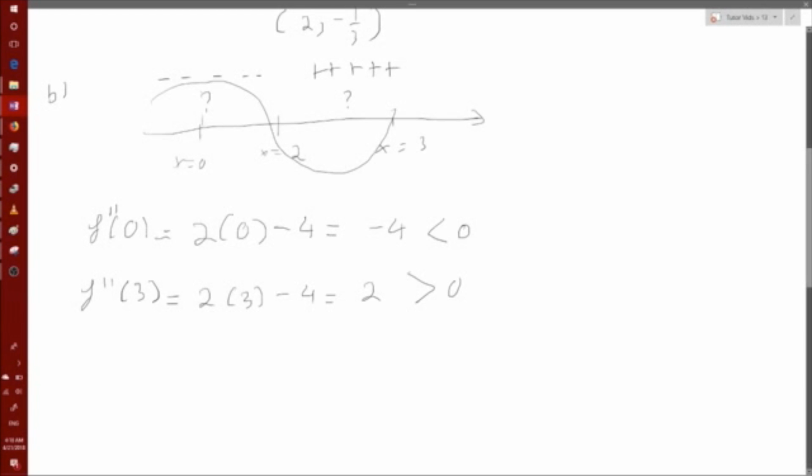Let's write the interval notation for this. The function concaves downwards from negative infinity to positive 2.